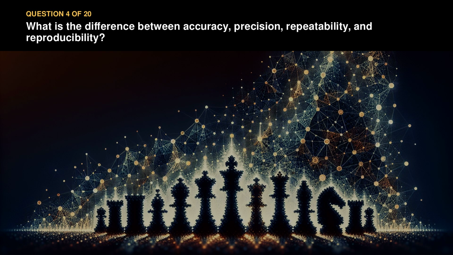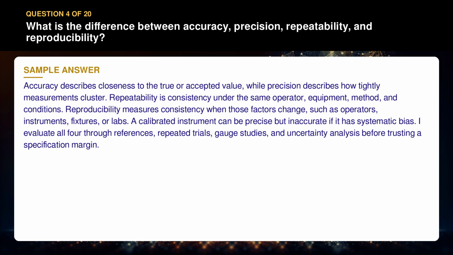Question 4. What is the difference between accuracy, precision, repeatability, and reproducibility? Accuracy describes closeness to the true or accepted value, while precision describes how tightly measurements cluster. Repeatability is consistency under the same operator, equipment, method, and conditions.